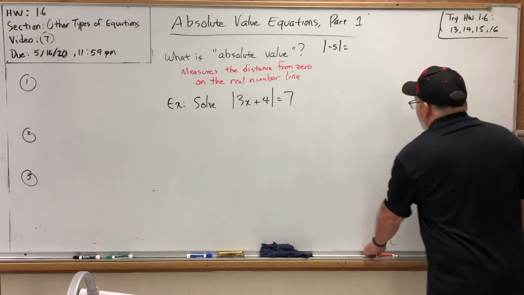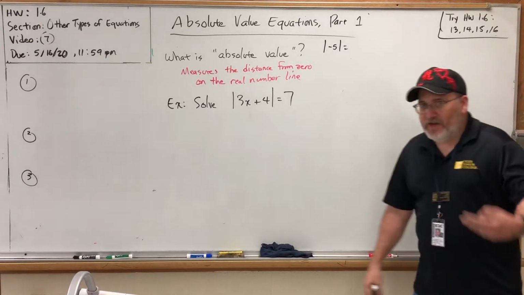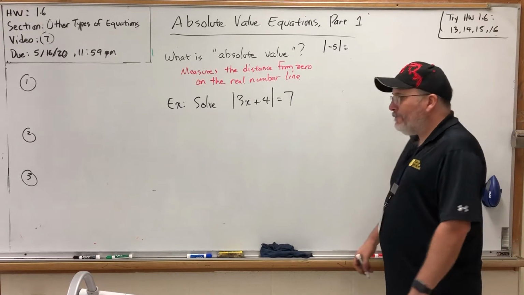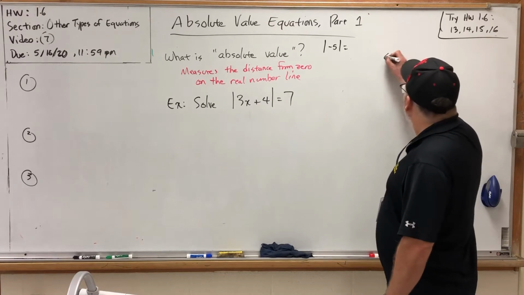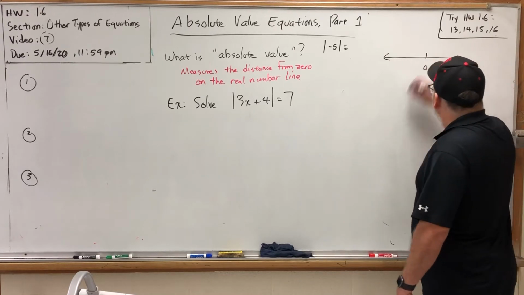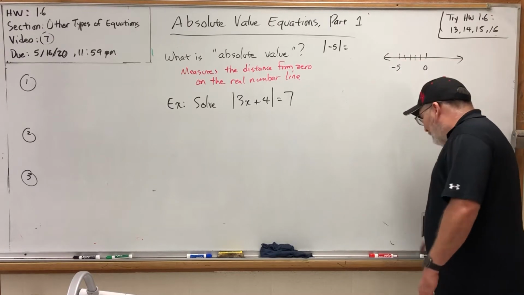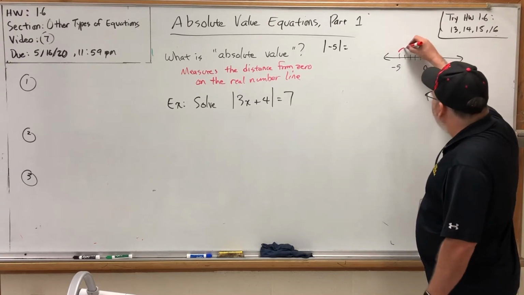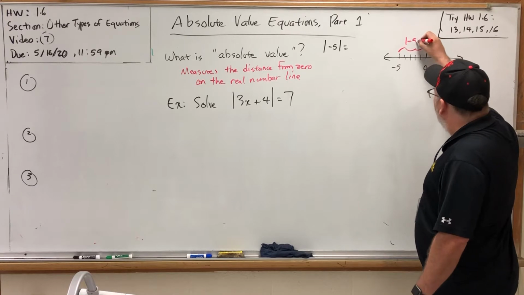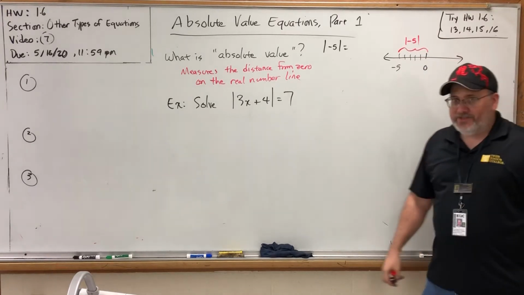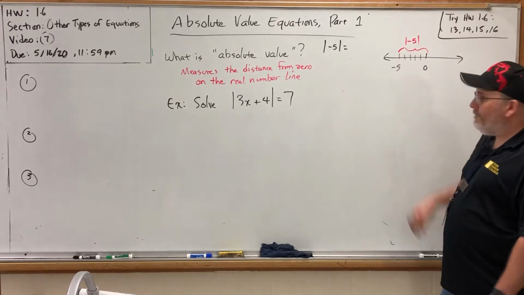So anytime you're asked what's the absolute value of something, you're being asked a question. The question is, how far away from 0 are you? So if I were to draw a number line and go over to -5, what the absolute value of -5 is asking is how many spaces are here. Since you're counting distance, it's positive, there are 5 spaces there.